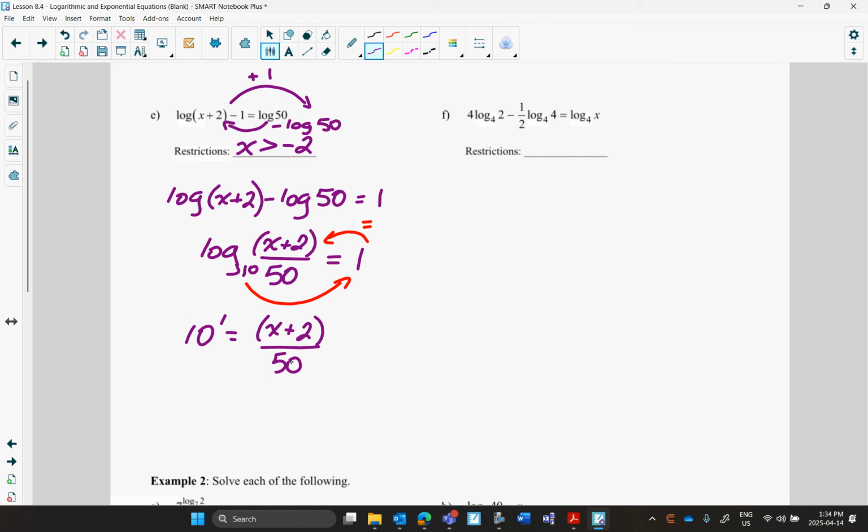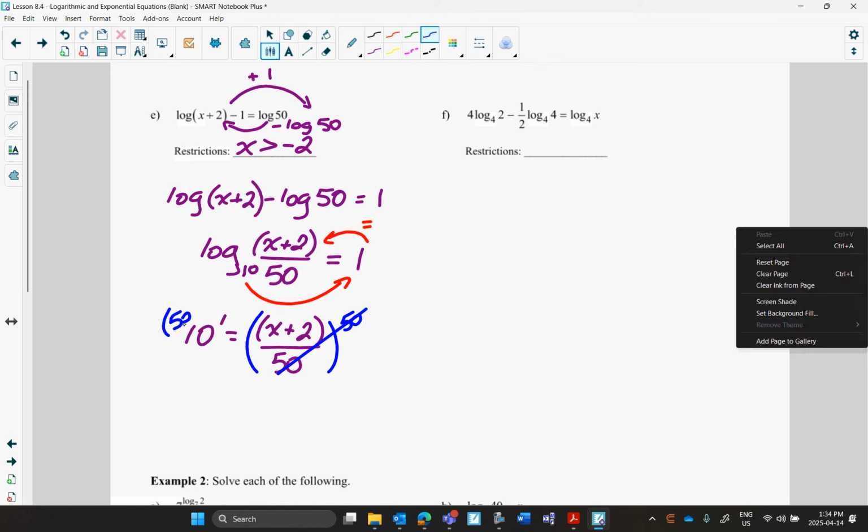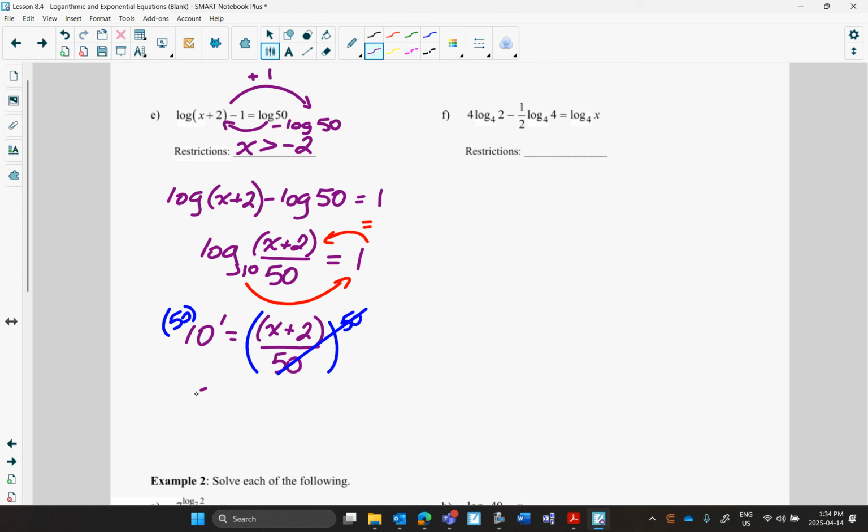What are you going to do to solve? Times 50, both sides. So I get 500 is equal to x plus 2. It's a pretty big number, our answer, but that's allowed. 498.